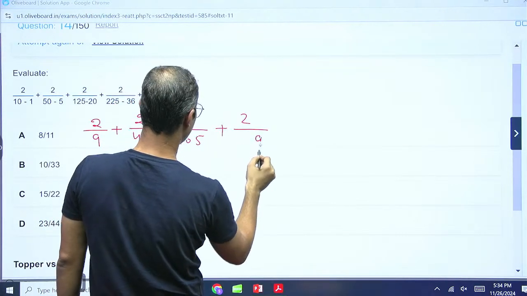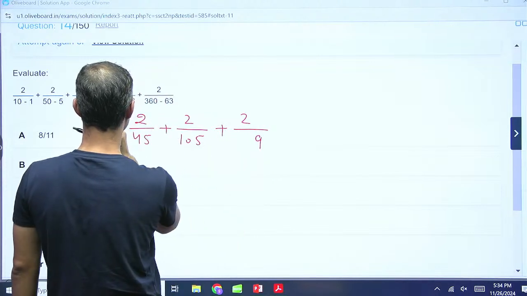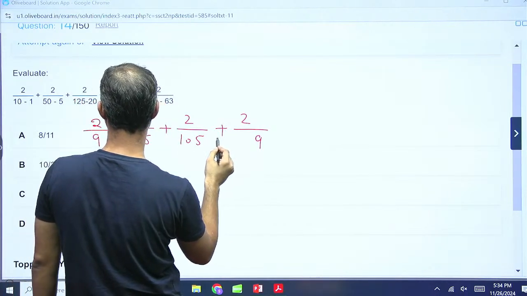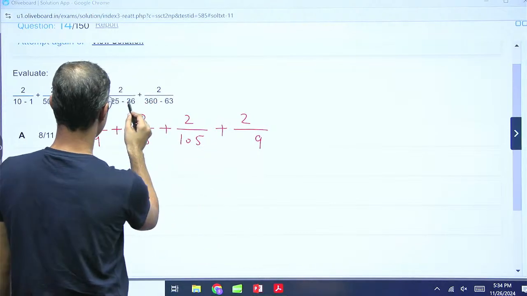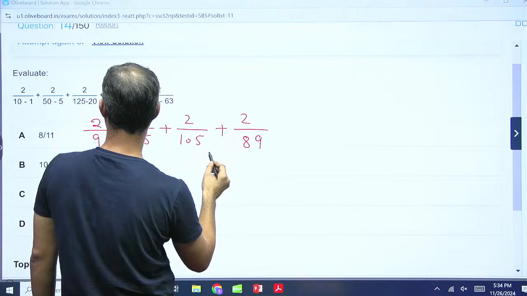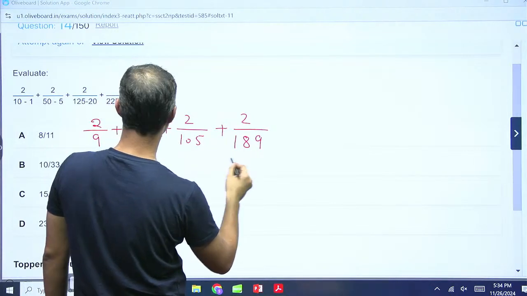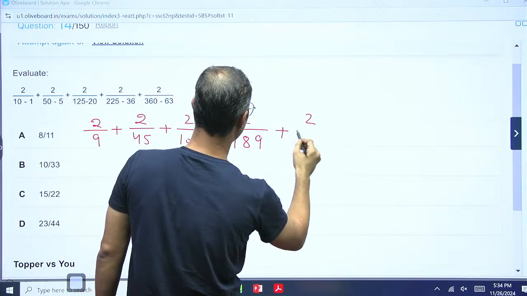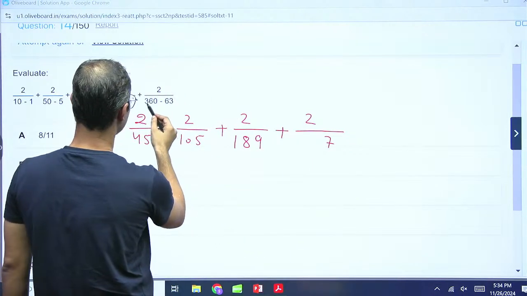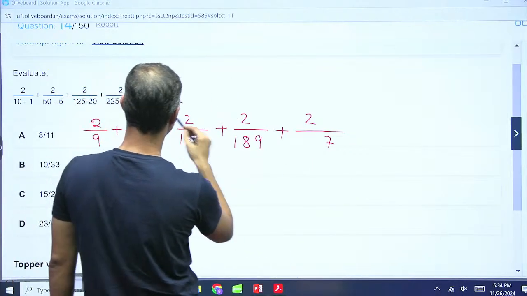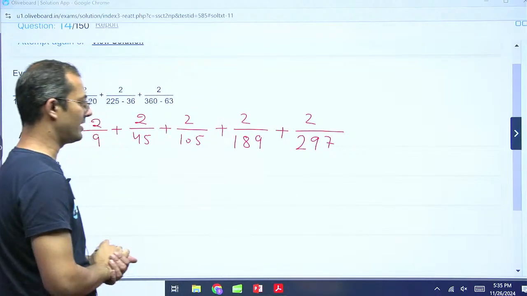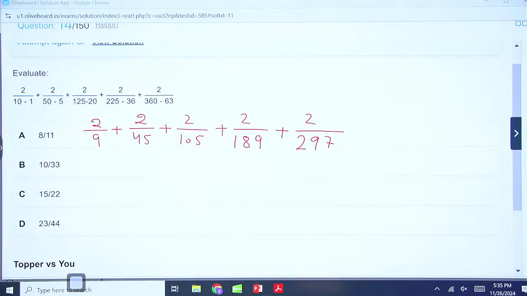So we can say that 9, and here we will get 189 plus 2 by 7 and 9, 297. Yes, please. So how you can do?